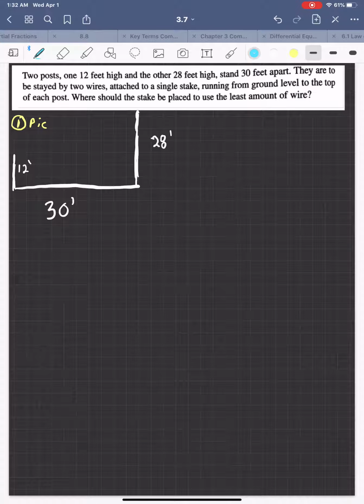So now I don't know where this stake is going to be placed, but I know that we have a wire running from the stake to the top of these utility poles, and that is how we are supporting each of these utility poles.